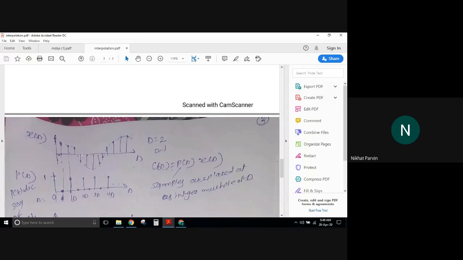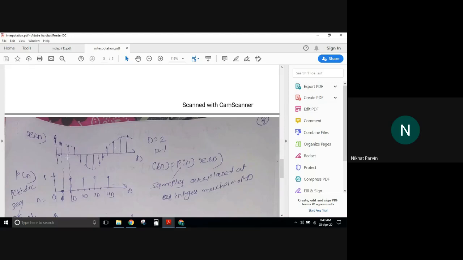Now, what I want from downsampling is that I should not insert zeros, I should drop the samples. That means I should not insert samples in between; rather, I should drop samples from the original signal. So how to do that? This is my actual signal coming.